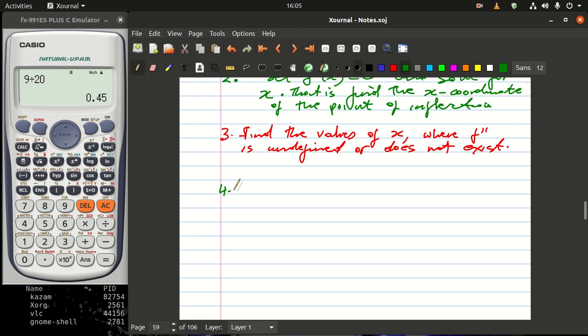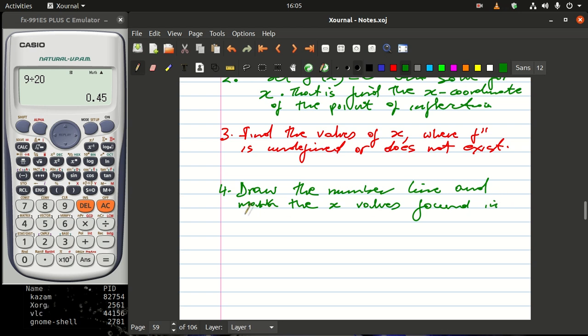The fourth step that you need to do, you draw the number line. Draw the number line, and mark the x values found in steps 2 and 3.